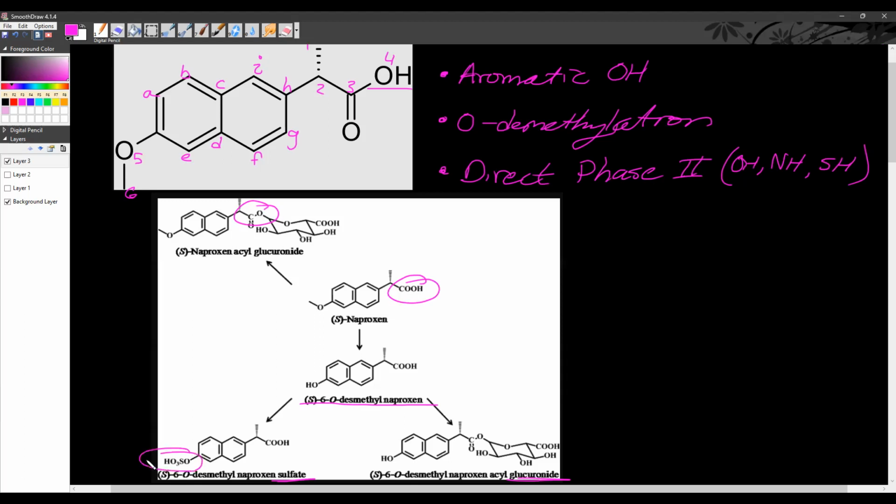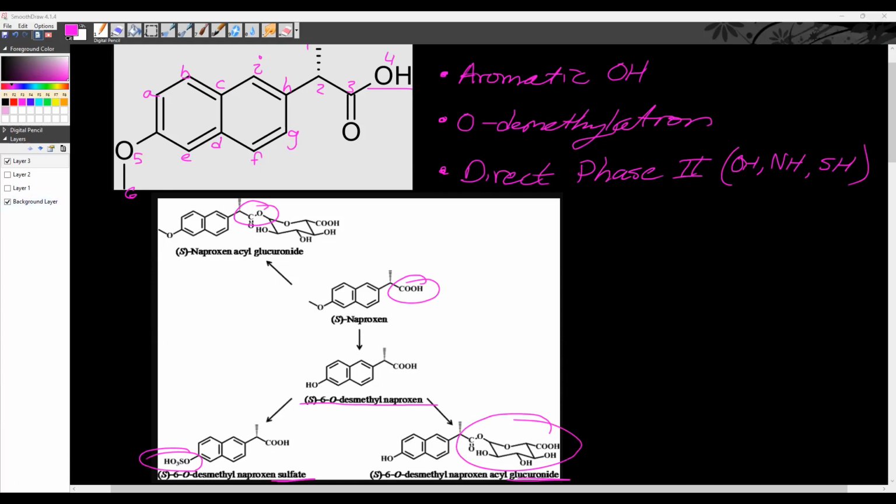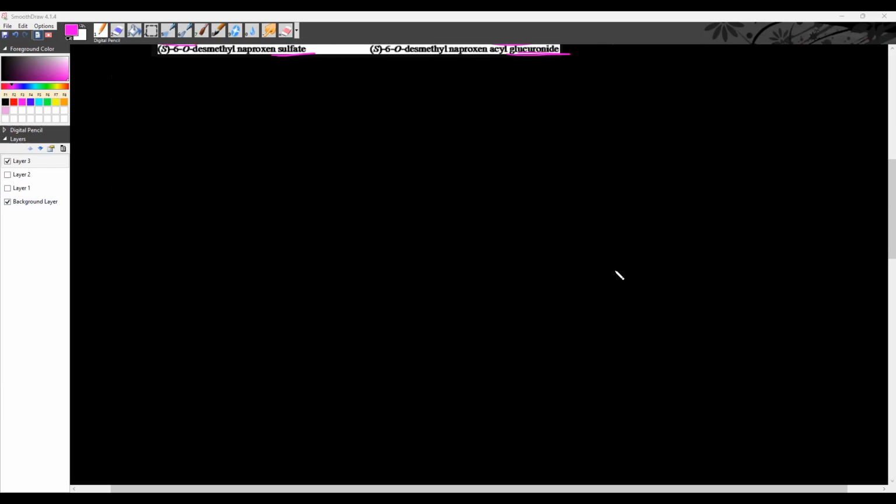So either it takes advantage of the pathway through O-demethylation, or it just does glucuronidation directly. So direct to phase 2 is always a valid metabolism. All right. Continuing on our way.